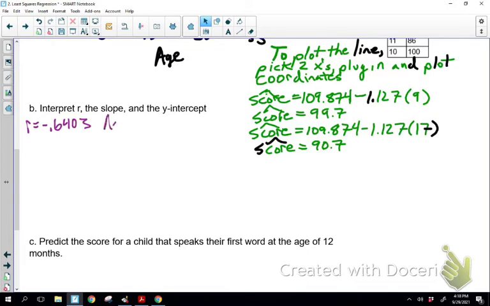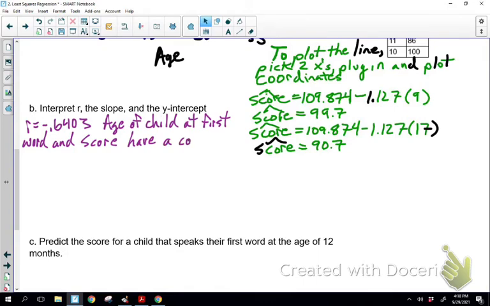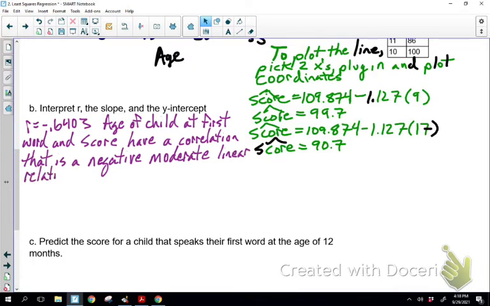We can say age of child at first word and score have a correlation that is, sorry, that is a negative, moderate, linear relationship.